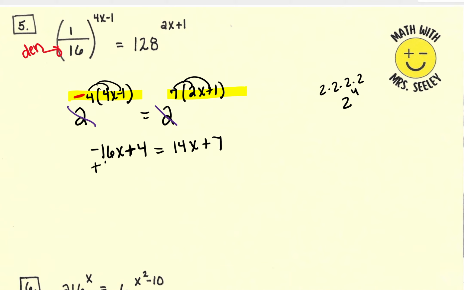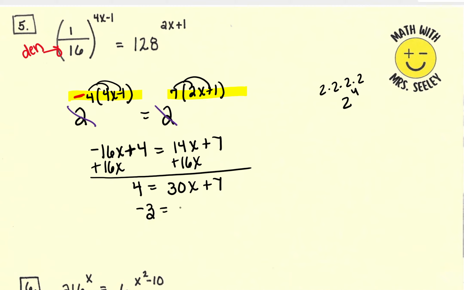I'm going to add my 16x over. That's going to give me 4 is equal to 30x plus 7. Now I'm going to subtract that 7 over. So 4 minus 7 is negative 3. Watch your signs. Equals 30x. Divide. Be really careful here.